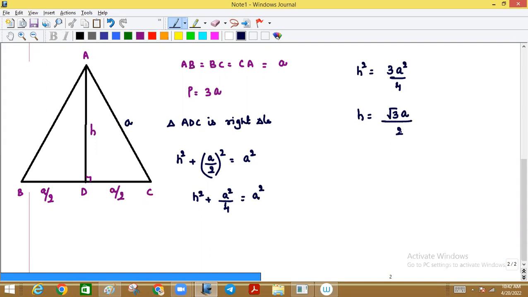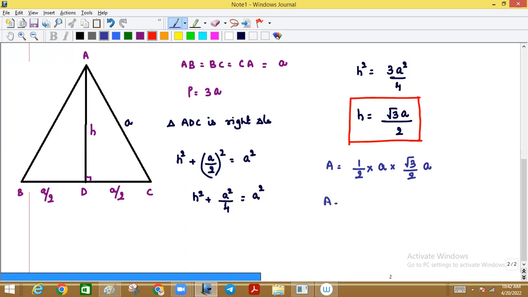So what is the height of an equilateral triangle? Root 3 by 2 times of side. How many times of side? Root 3 by 2 times of side. What is an area of a triangle? Obviously, area of a triangle when base and height are given, it is half into base into height. If I take it, area is equal to half into base is a, height is root 3 by 2 times of a.